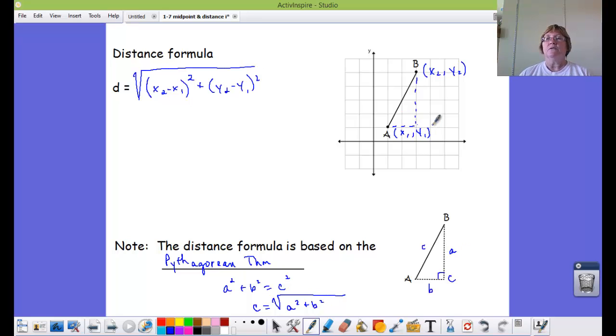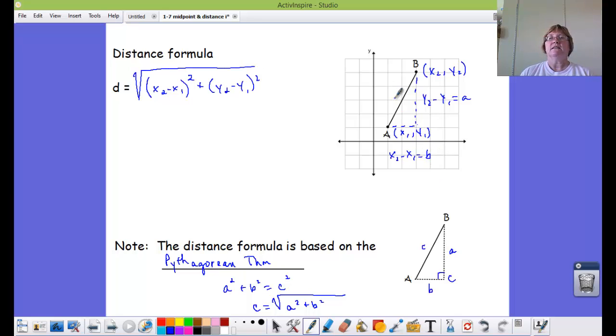What we did up here is find what a is. A is this distance, y2 minus y1. This distance, x2 minus x1, that's b.